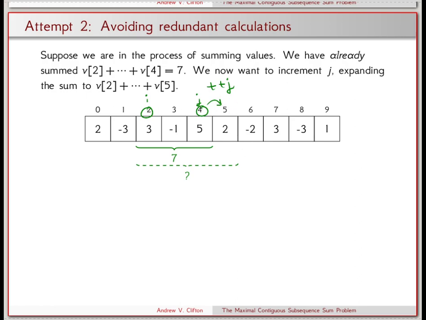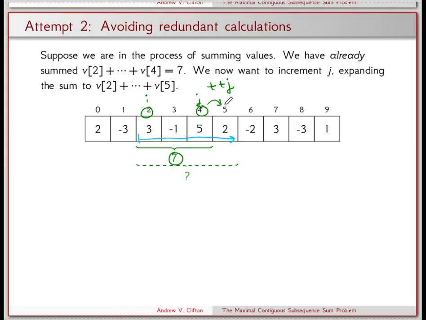Now, normally when we would increment j, we would restart the sum and add up all the values from i up to the new j. So we would start over at 3 plus -1 plus 5 plus 2. But we already have the sum of 3, -1, and 5. We know that that is 7.